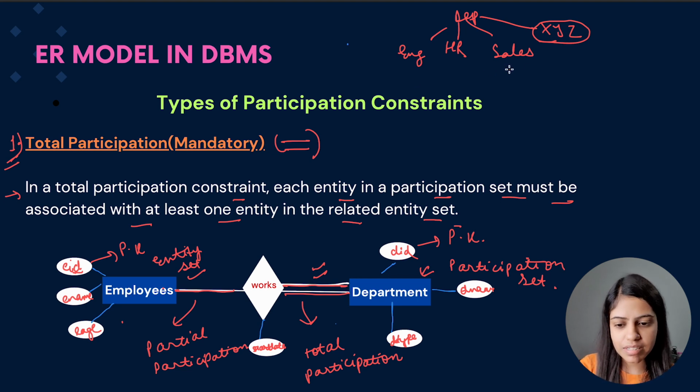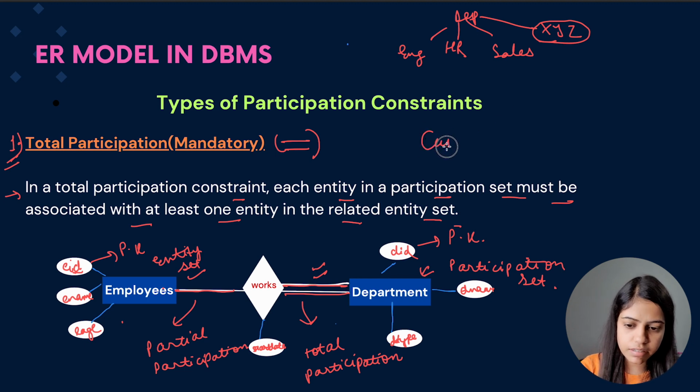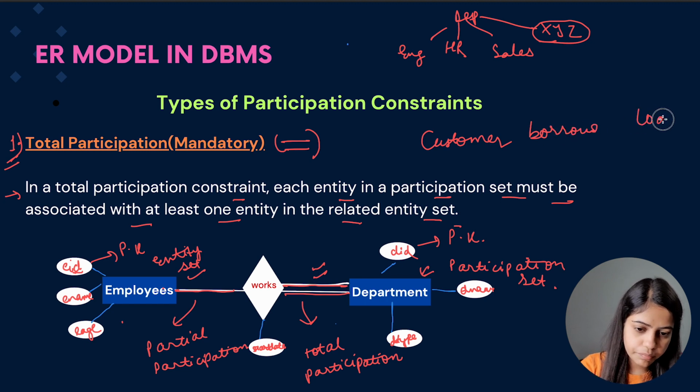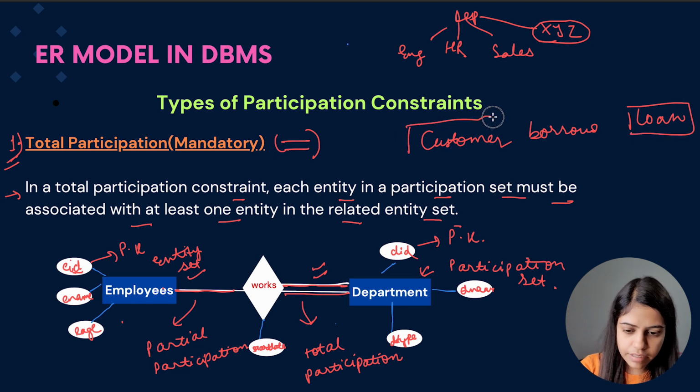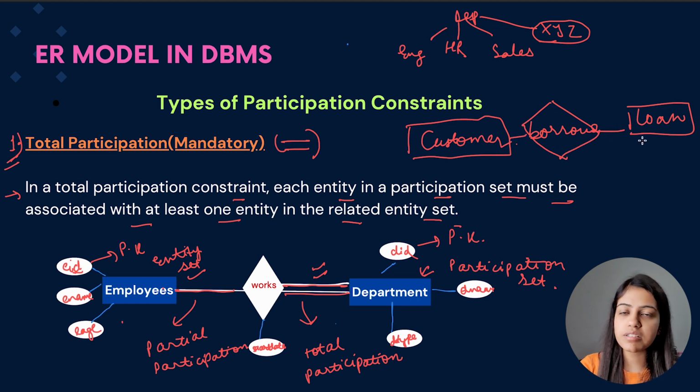In the same way, you can also take an example of this relationship. Consider that there is a customer who borrows a loan. So there are two entities, loan and customer, and borrow is the relationship. Now every loan is borrowed by a customer.